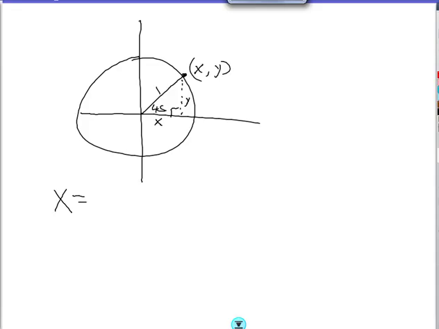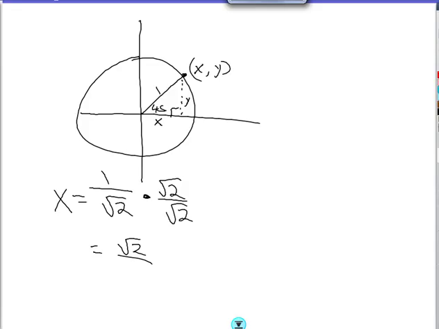So x is going to equal the hypotenuse divided by the square root of 2. We don't leave square roots on the bottom of the fraction. What do we do? You remember how you get rid of that? Multiply the top and the bottom by the square root of 2. 1 times the square root of 2 is the square root of 2.